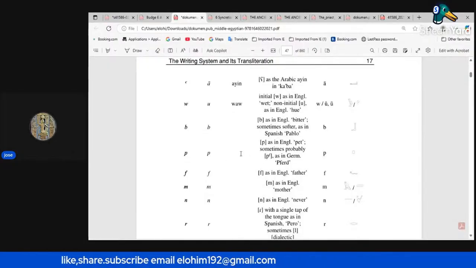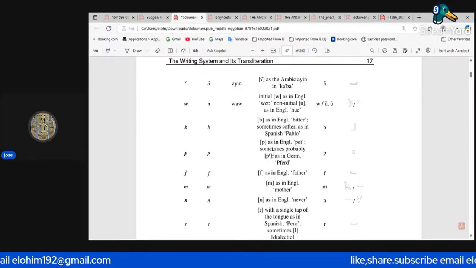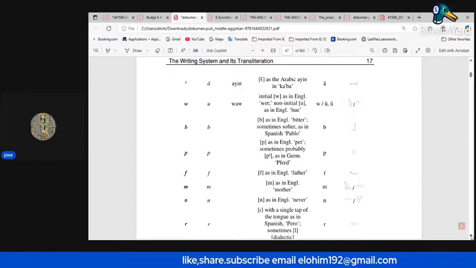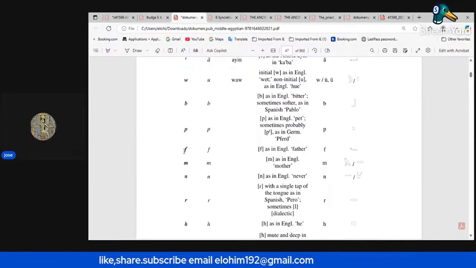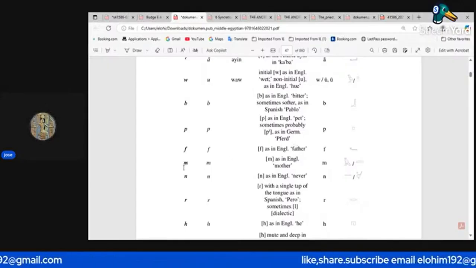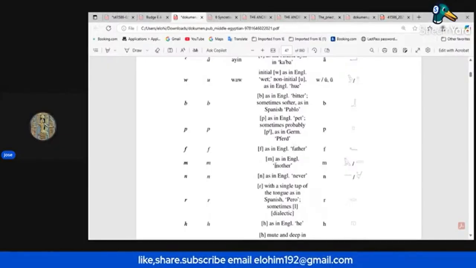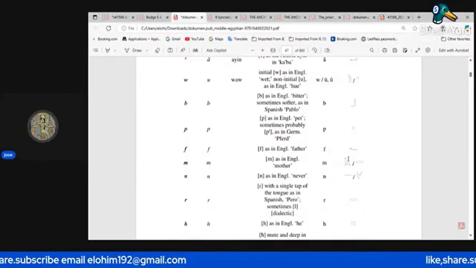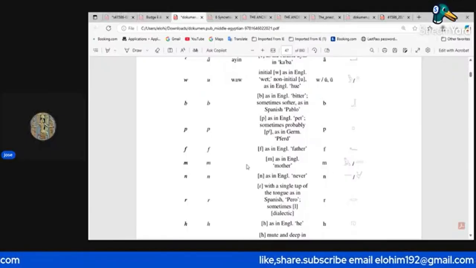So this is a P as in English pet, sometimes probably pef as in German, I guess. So you got F as in English father, fa. So you got the M as in English mother, ma. So you have the owl and you have the symbol as well.